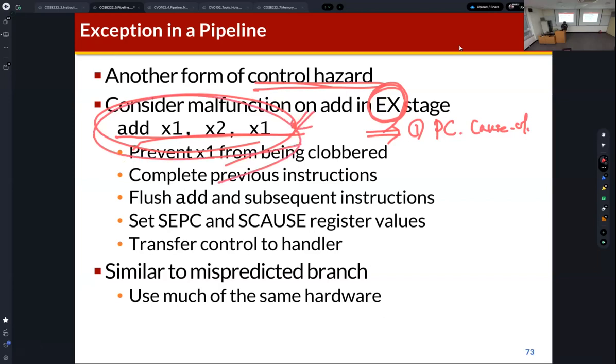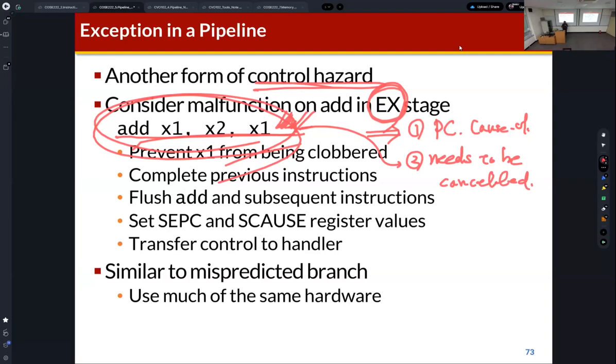Then what should we do for this instruction? An exception is detected for this instruction, and I said that an exception is a kind of error in an instruction. Which means that this instruction needs to be cancelled.